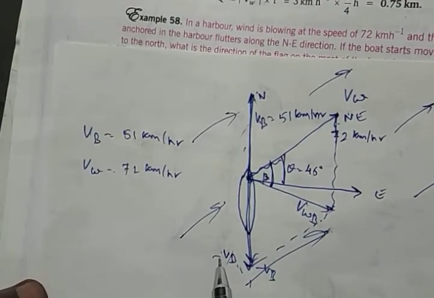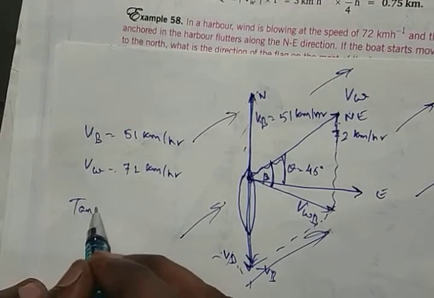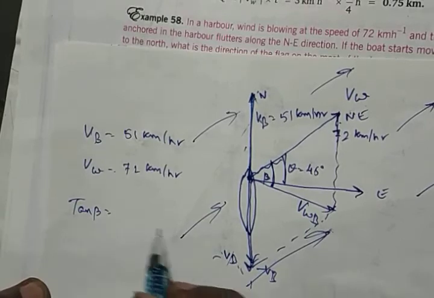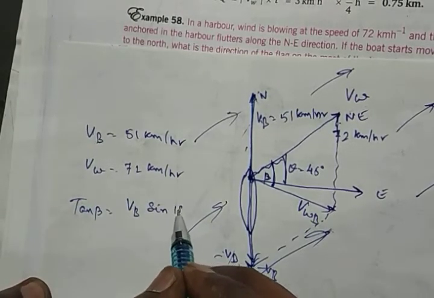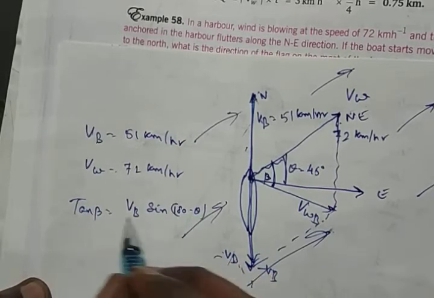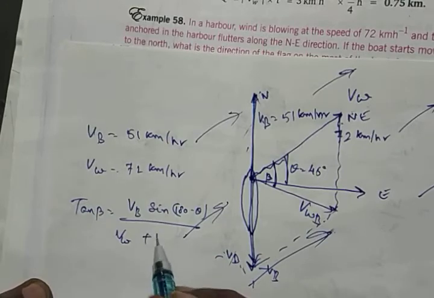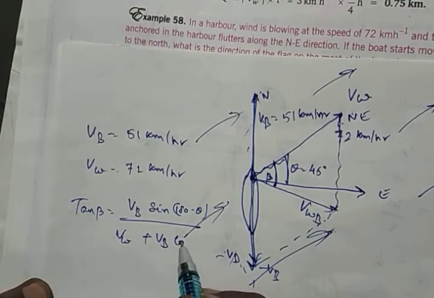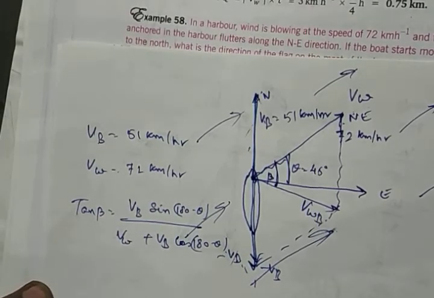We have already studied in the relative velocity formula that tan beta equals VB sine(180 minus theta) upon VW plus VB cos(180 minus theta). We have already studied this formula.